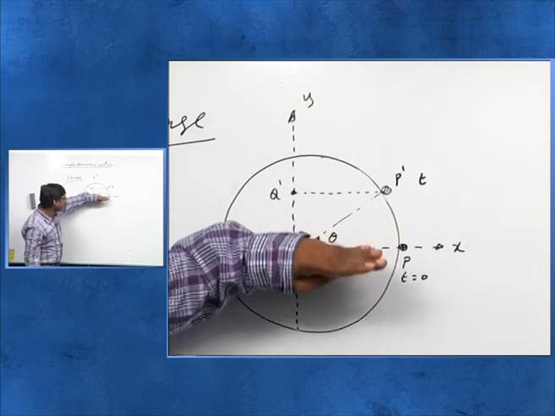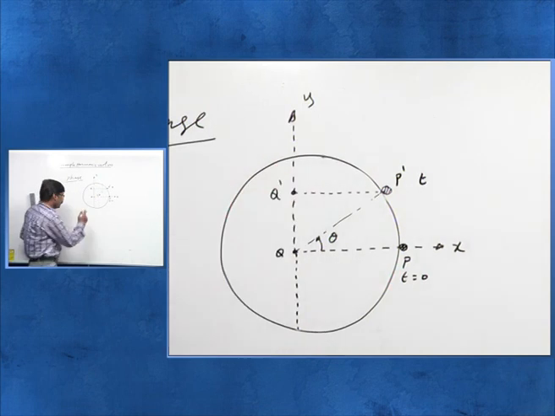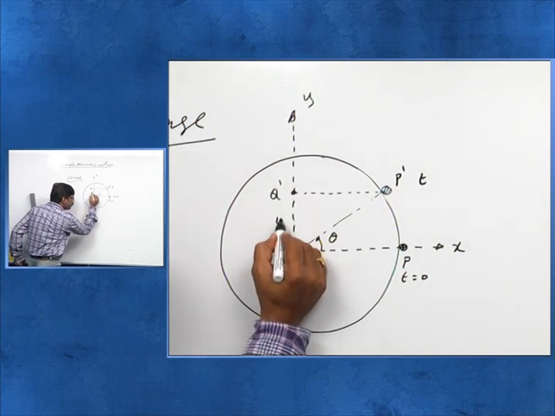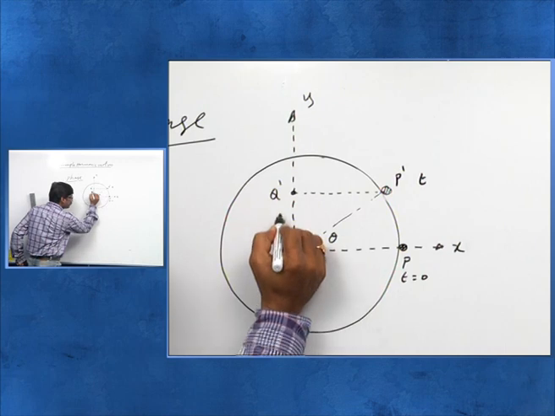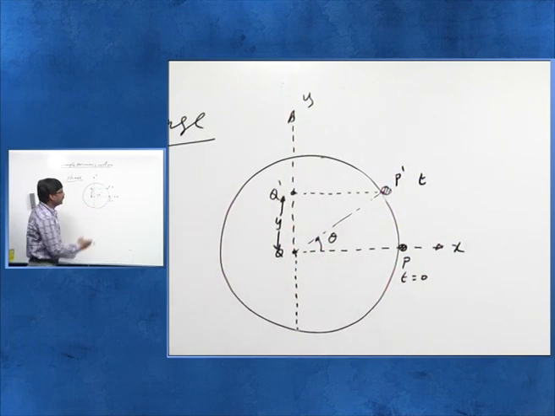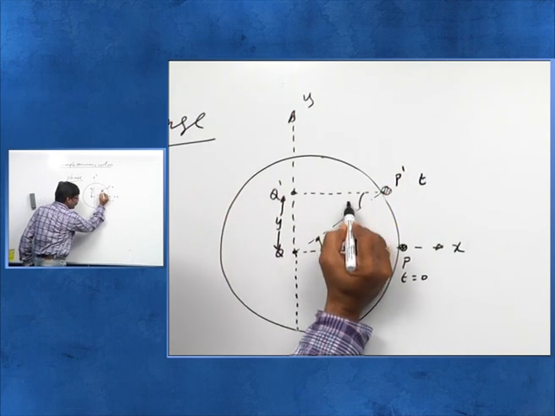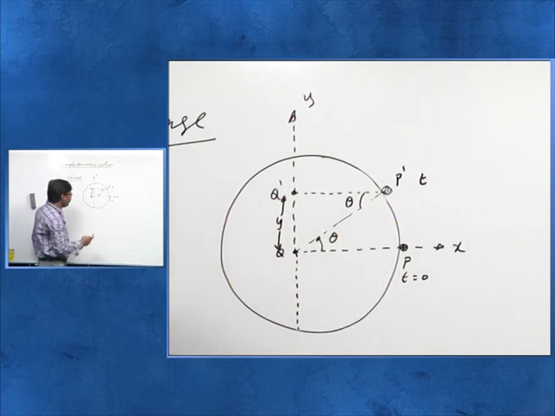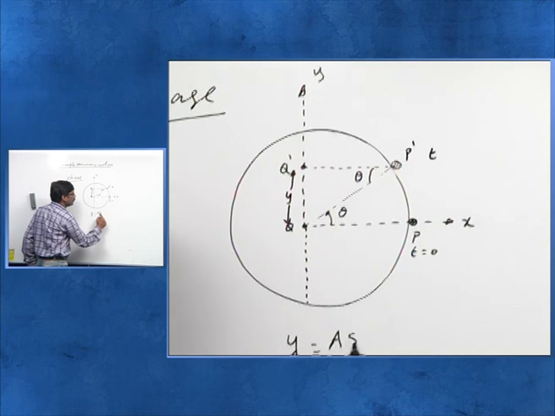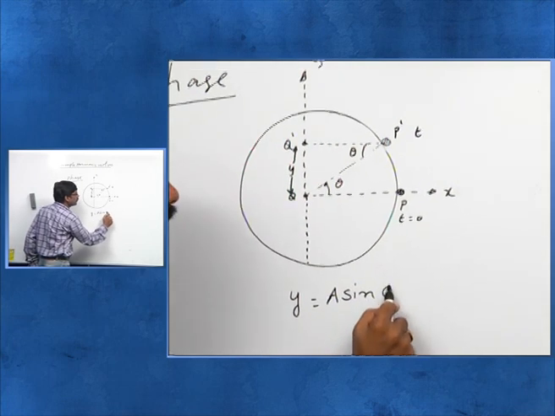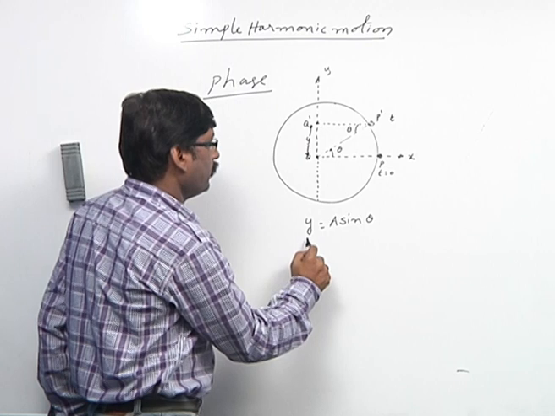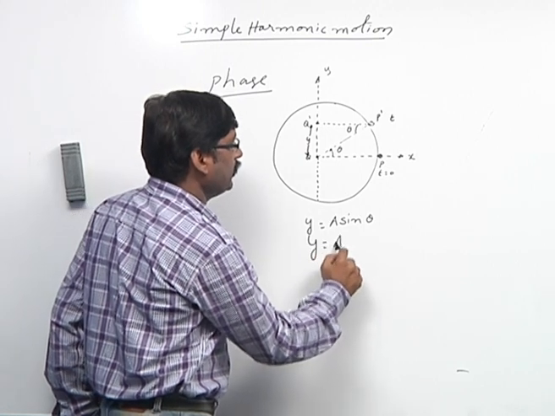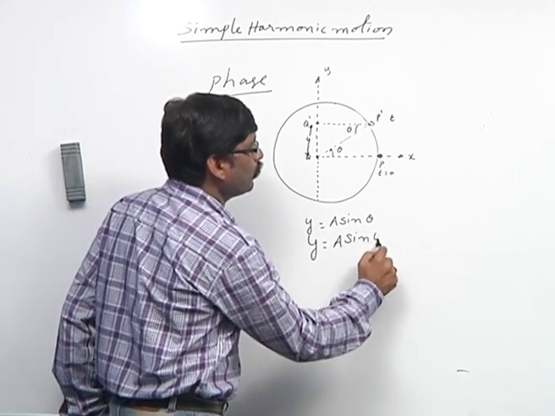we call the angular displacement of P. In the same time, the linear displacement of Q is y, and we already derived y is equal to a sin theta, or y is equal to a sin omega t.